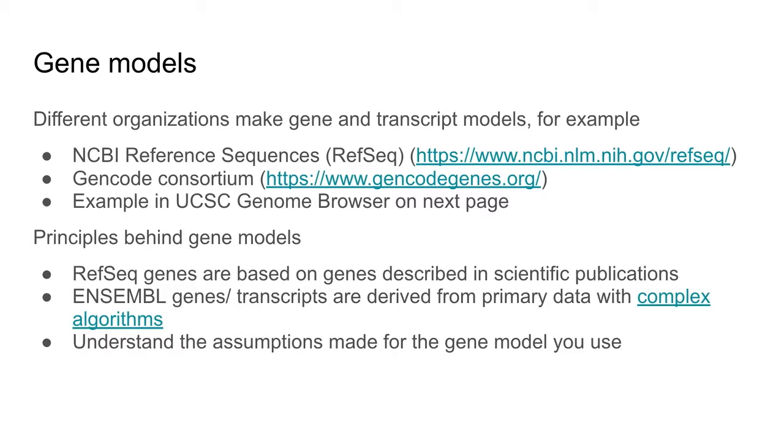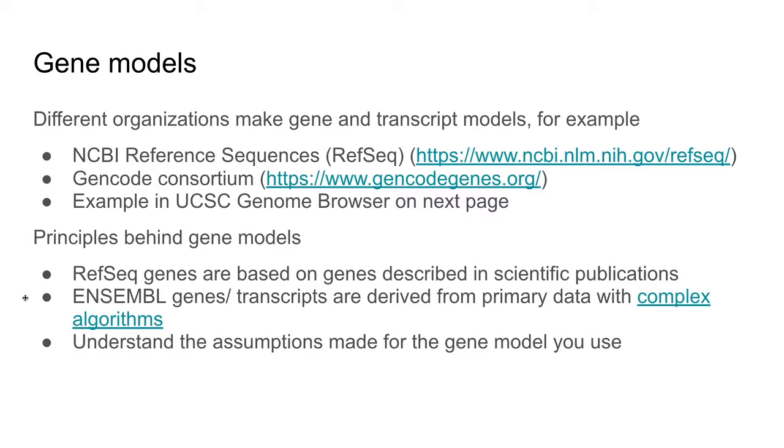It is important, whatever gene model you are using, that you understand how the genes were defined by these respective groups. For example, for reference sequences, RefSeq genes are basically genes that have been described in publications.